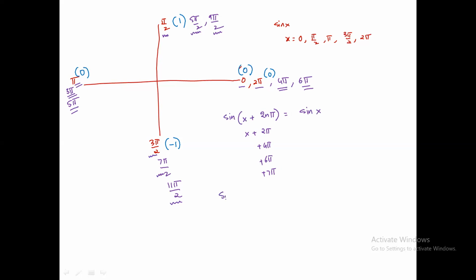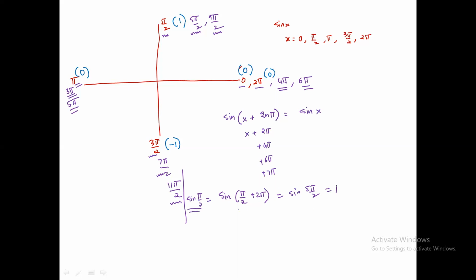That means, suppose sine pi by 2 is there, you add 2 pi to it. So you will have sine 5 pi by 2. So first I have taken sine pi by 2. To that I have added 2 pi. So sine 5 pi by 2 value also will be same as sine pi by 2.